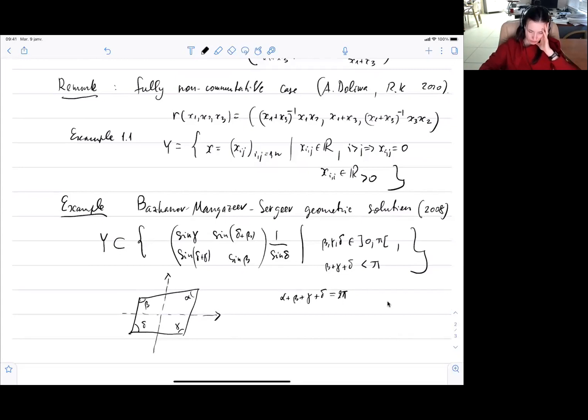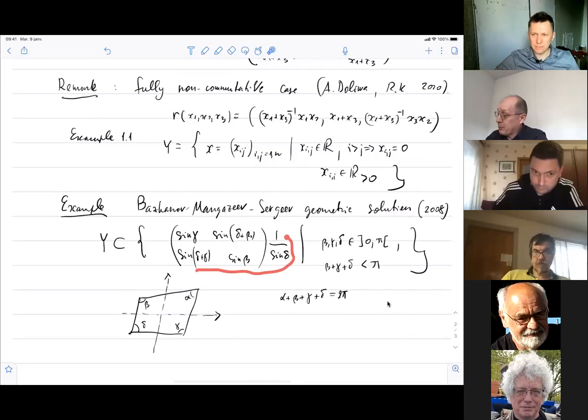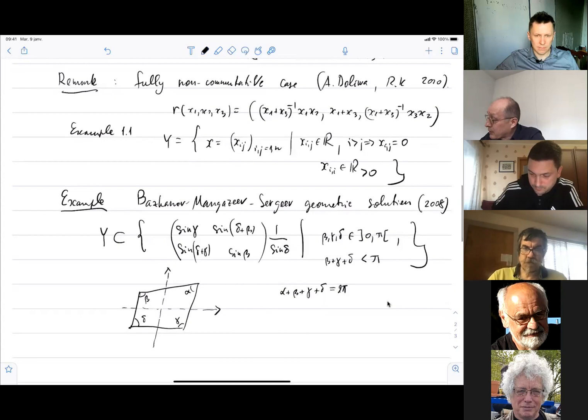So this is why alpha is not here. I keep only beta, gamma, delta. But of course, to be able to define, so here is a mistake. It should be less than 2 pi, right? We need this inequality just to be able to define alpha as 2 pi minus the other angles.